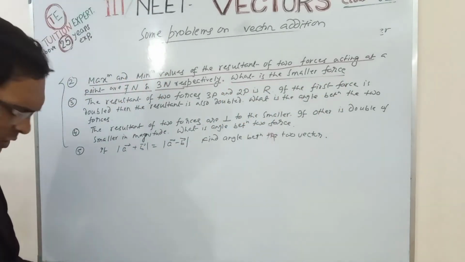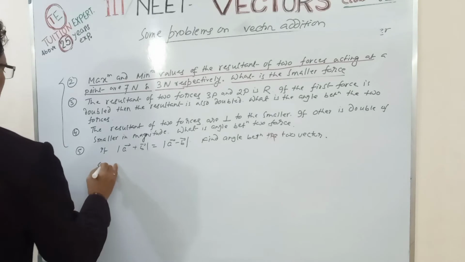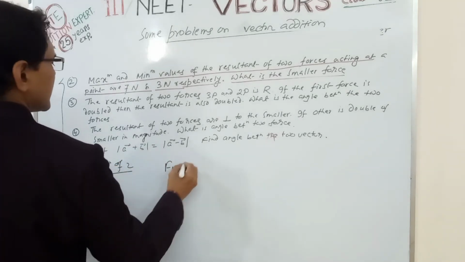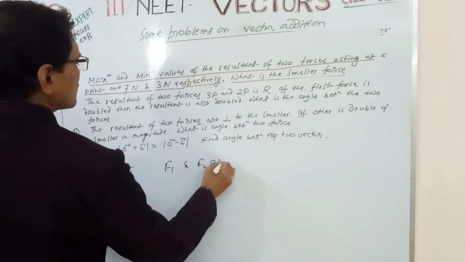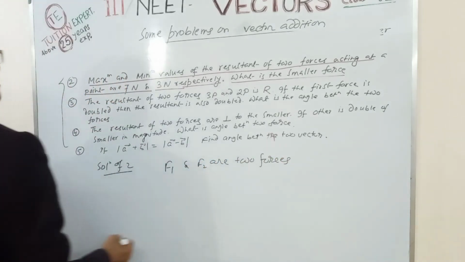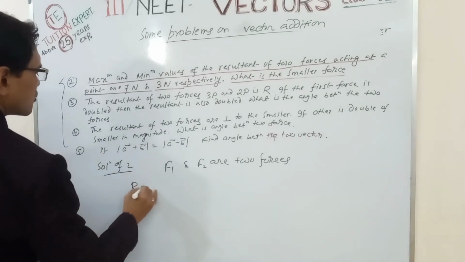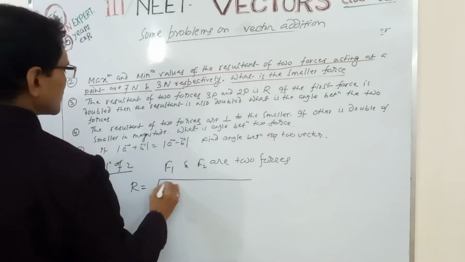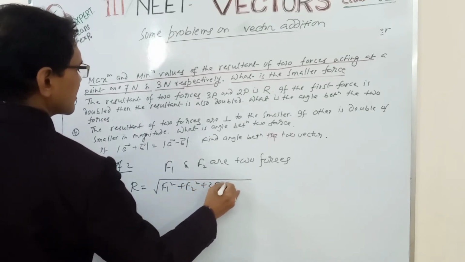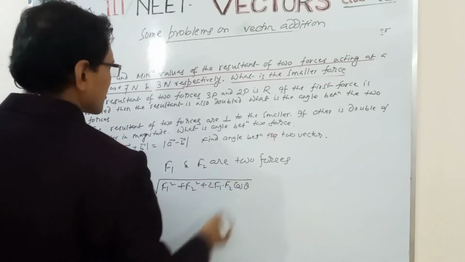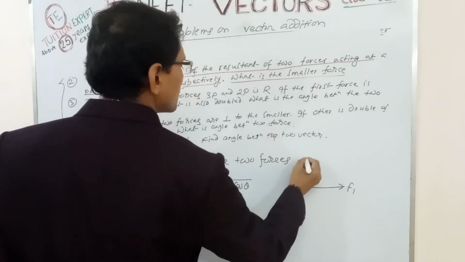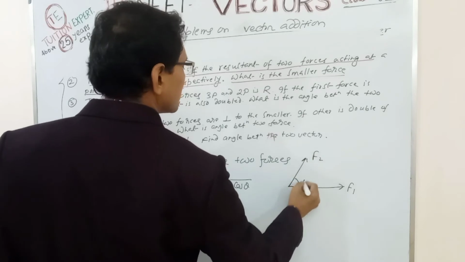Suppose the two forces are F1 and F2. Suppose this is F1 and this is F2, and the angle between them is theta.